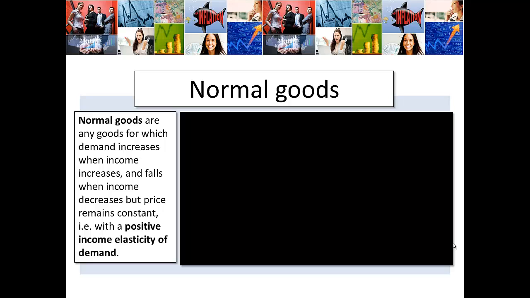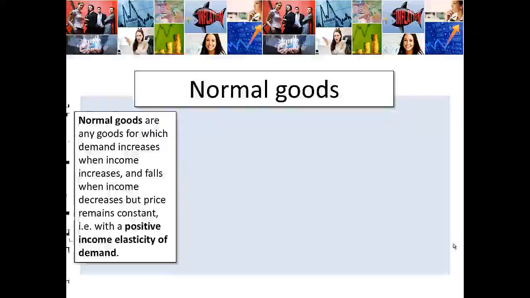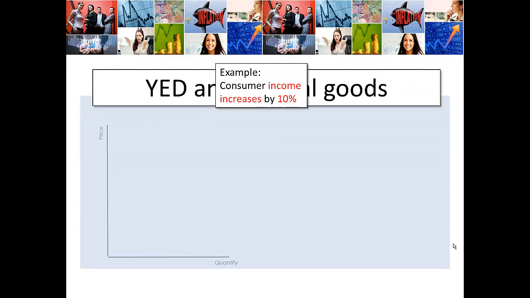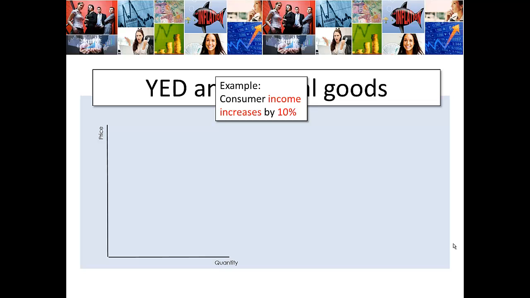Okay, normal goods. A change in income is going to change the demand curve. An increase in income will increase demand. A decrease in income will decrease the demand for a normal good. So income elasticity of demand, YED.